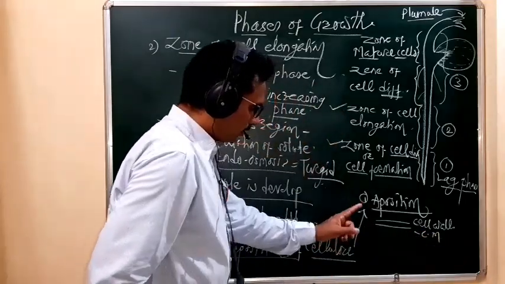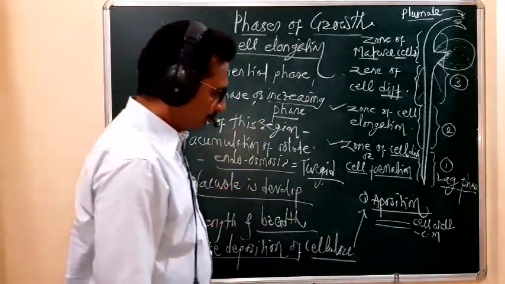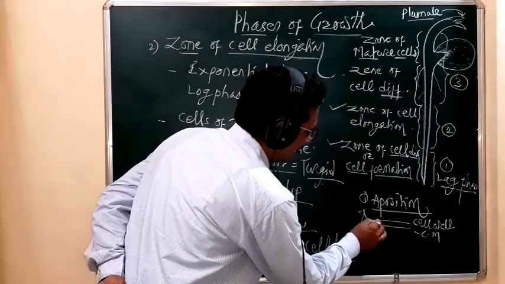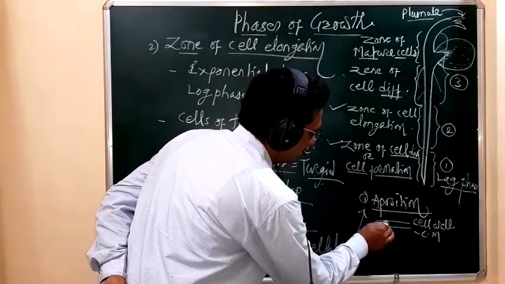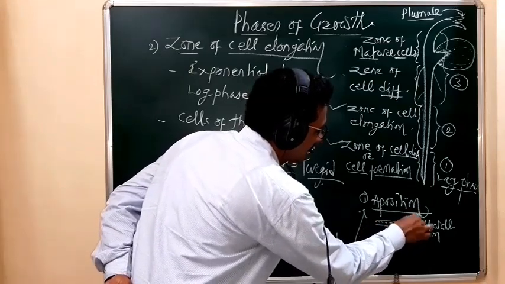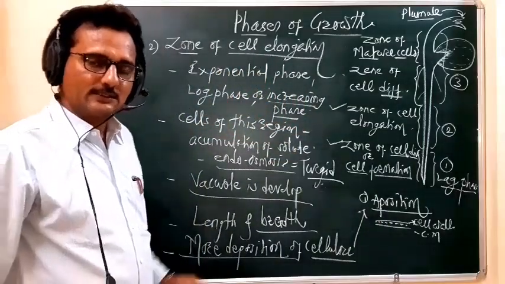So what is apposition? Deposition of the cellulosic material from the inner side of the previous cell wall. When the cellulose is deposited this way, it is called apposition type of deposition.